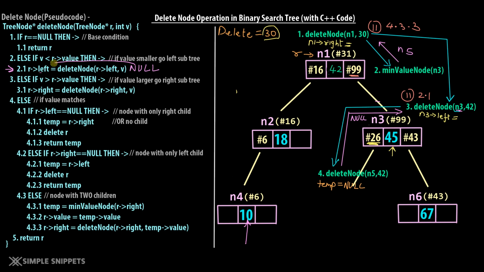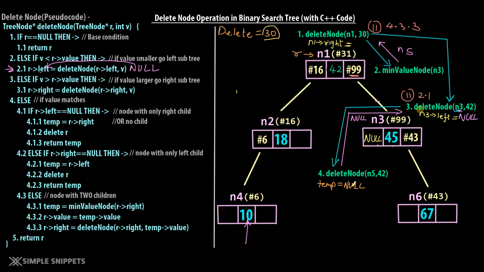So this null will be stored as R of left, which is n3 of left. So now n3, you can see, had the address of #26 as the left address. So that will be erased and replaced with null. Because of course we have deleted n5, right? So now it will have null. And then you can see that this link is broken now. And we have successfully deleted that node.